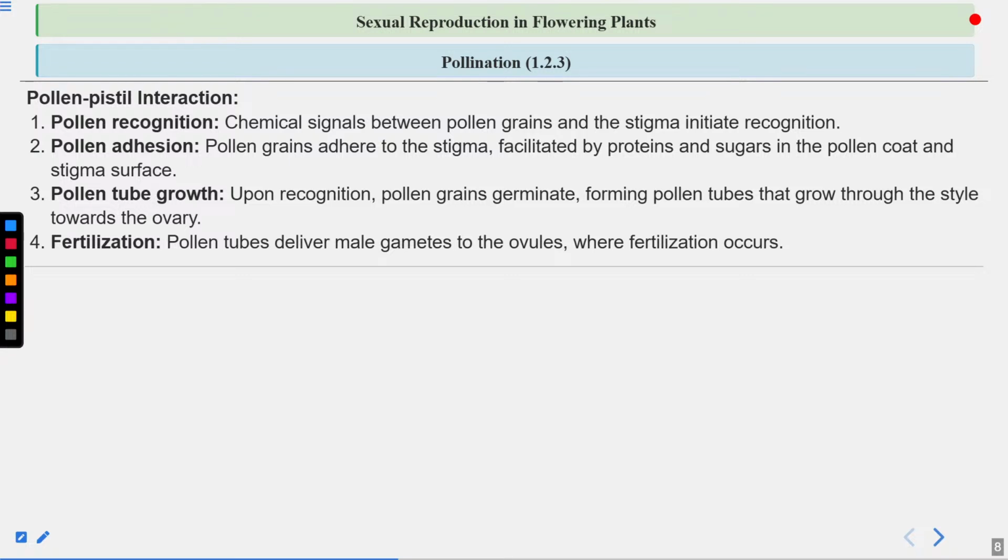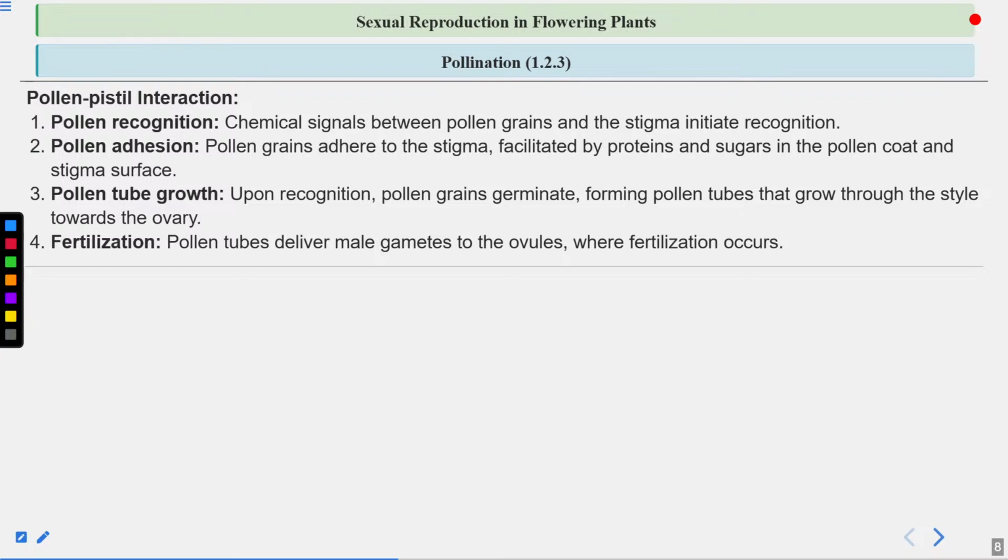So you asked a question, sir, is intine a regular layer? The pollen tube is made up of cellulose and is an extension of the inner wall of the pollen grain, that is the intine.